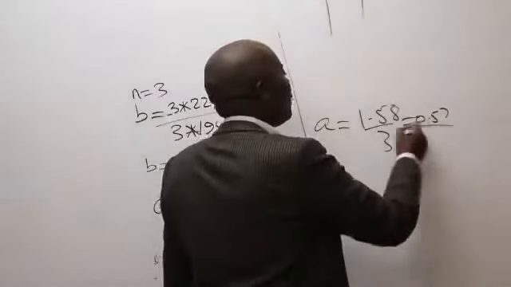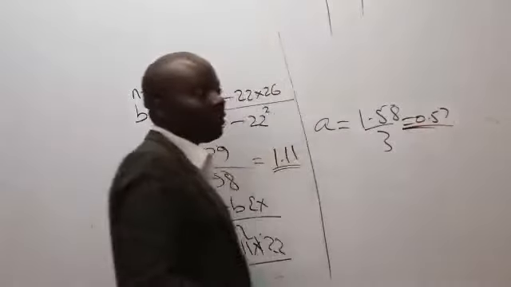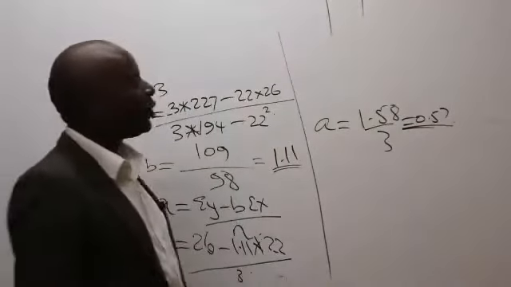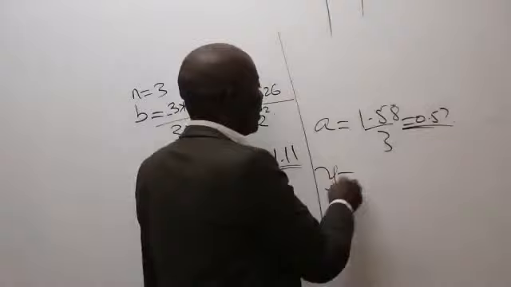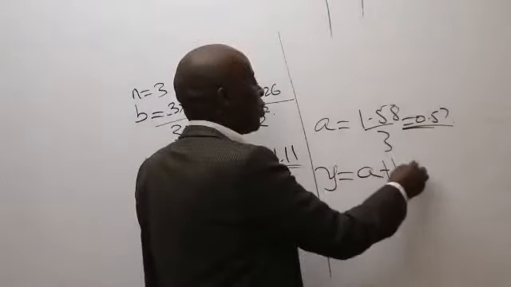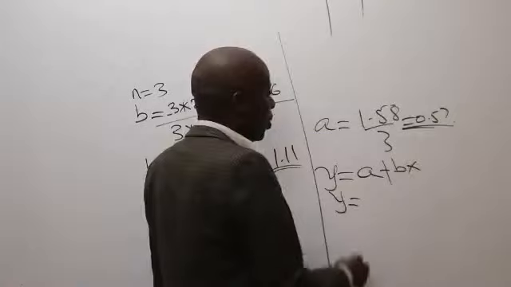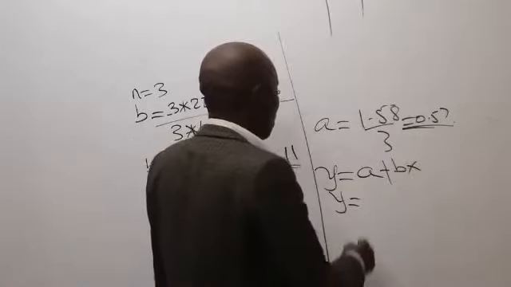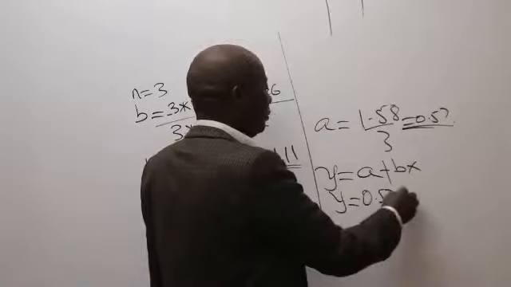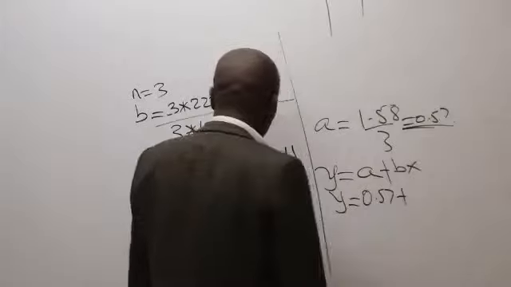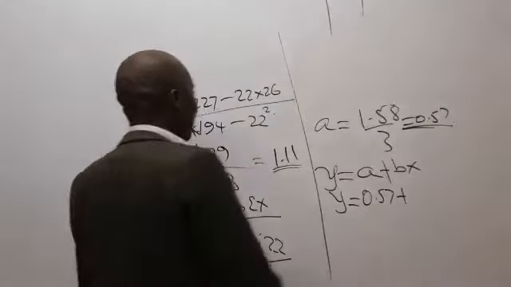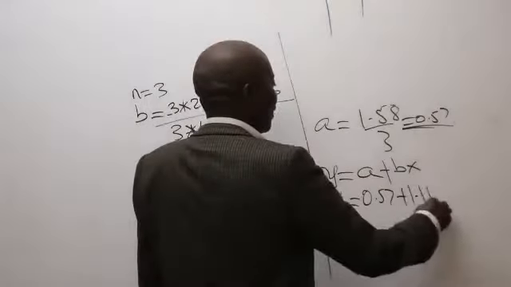Once I have the values of A and B, don't forget the free mark. Ladies and gentlemen, you are supposed to give us our equation, which is y equals A plus Bx. So our y will be equal to A, that is 0.57, plus B, which is 1.11, x.